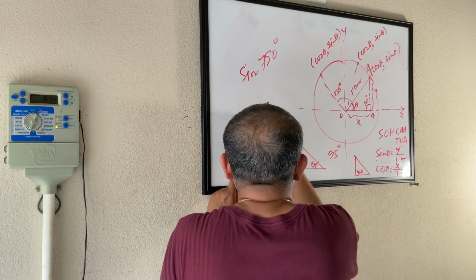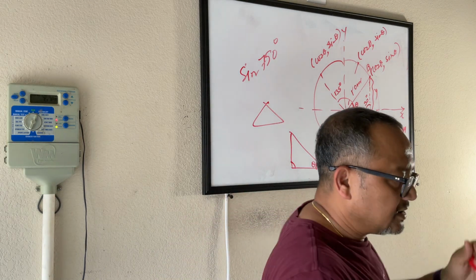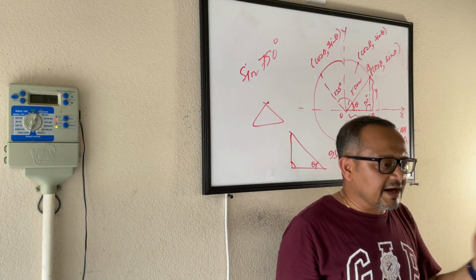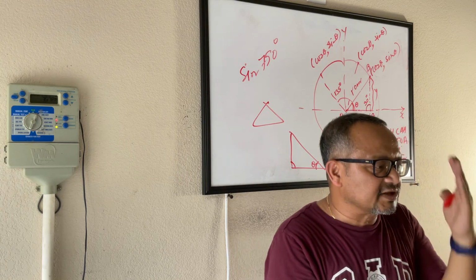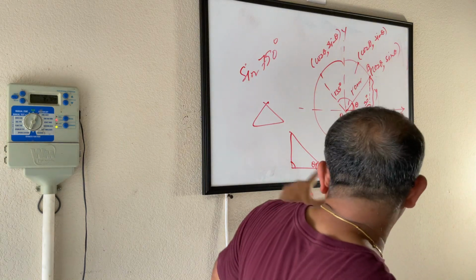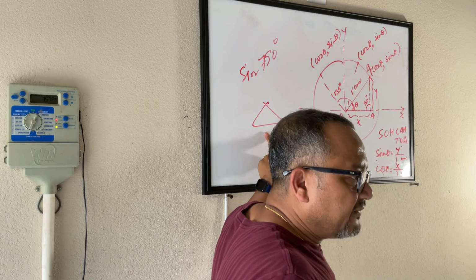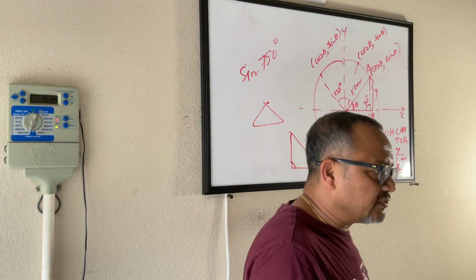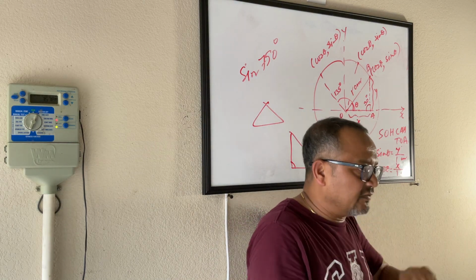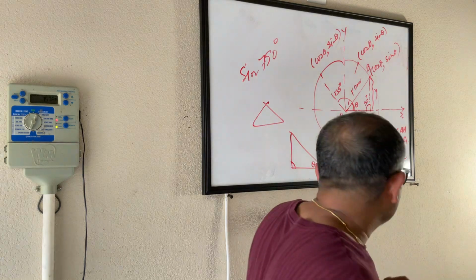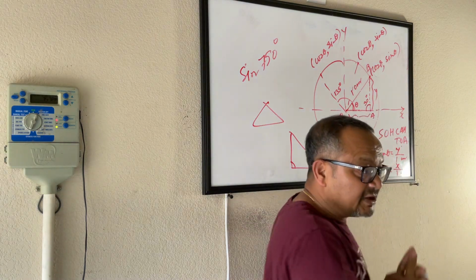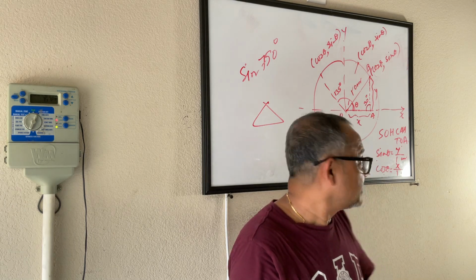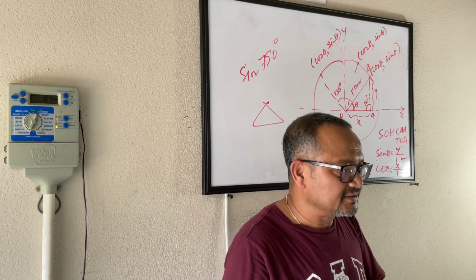Any triangle, be it one that I have created or you have created, can never have a sum of all the angles more than 180 degrees. Never ever. So are we saying that our trigonometry is limited to only 90 degrees? This is the solution for that.